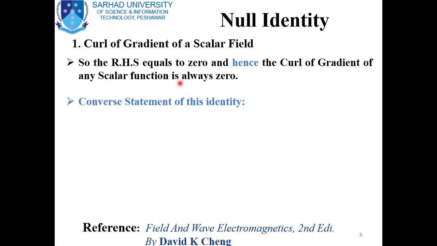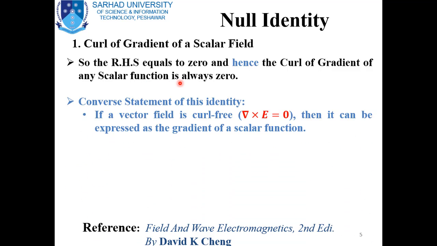And conversely, we can also say that if a vector field is curl free, that is the curl of any vector, we took E as an example, so if the curl of E is equal to 0, we will call it a curl free field.